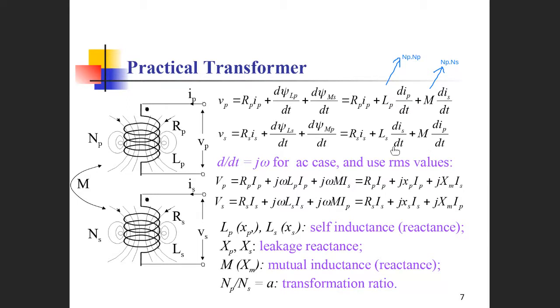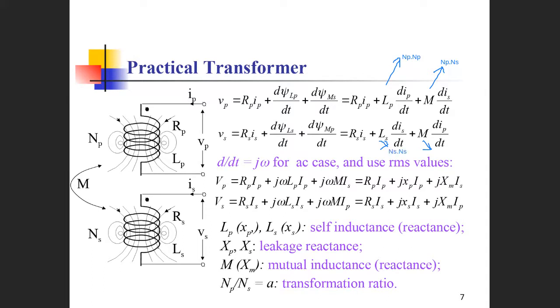For the self term, the producer is the secondary and the receiver is the secondary.